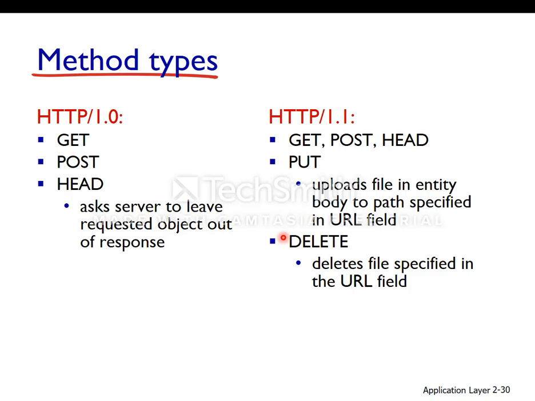Now, having discussed these HTTP methods, I should point out most browsers today only implement get and post. When these other methods, head, put, delete, are needed, we use some tricks to get our servers to implement these kinds of methods. But strictly speaking, the browsers that we see today would implement just get and post.